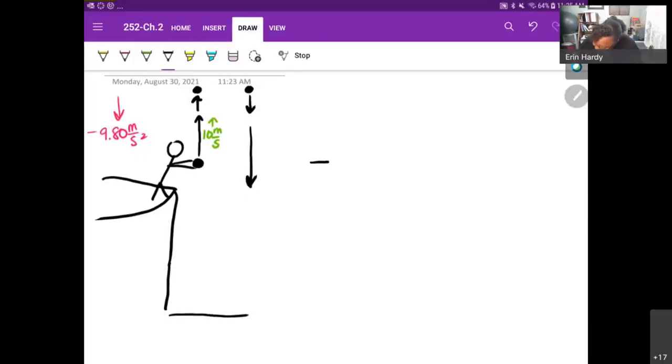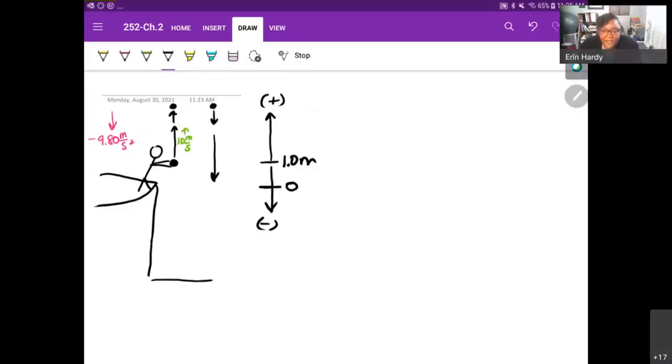So I'm going to draw a position scale over here where this is 0 meters. Positive values go up, negative values go down. Oh, hold on. This should be 1.0 meter, and then 0 is going to be right here at the rim of the canyon. So negative values are down.